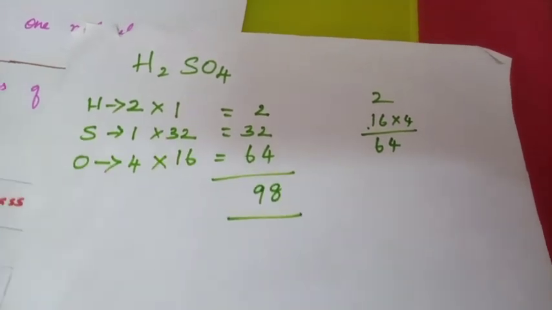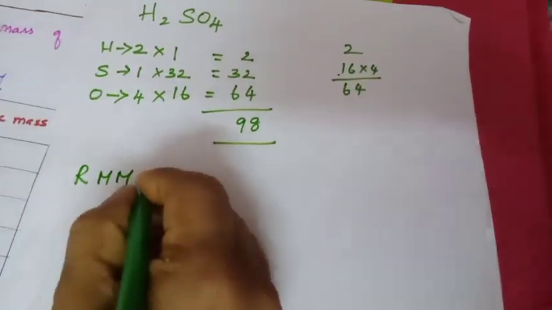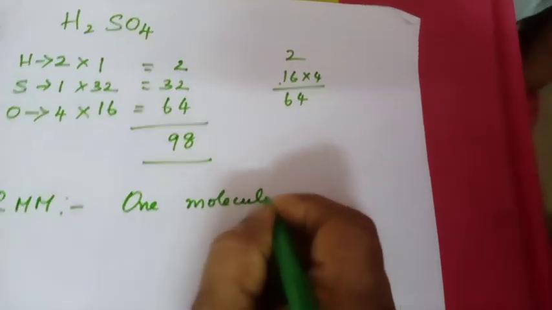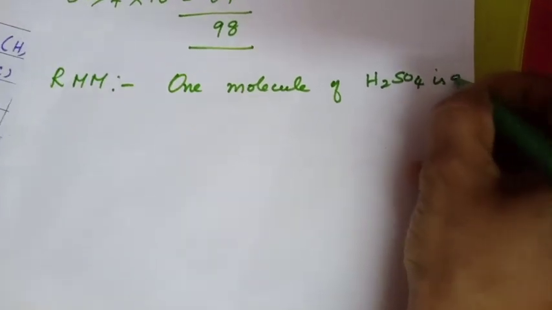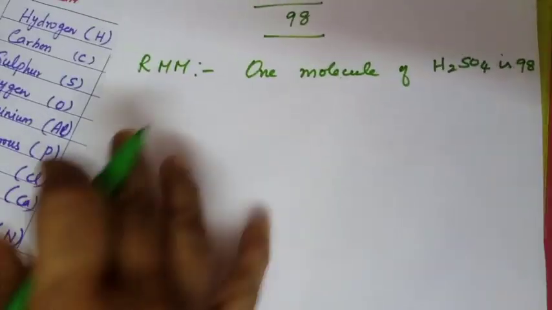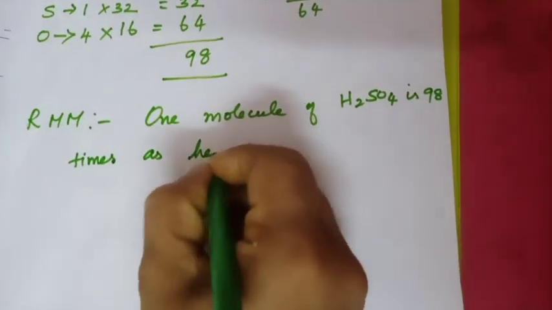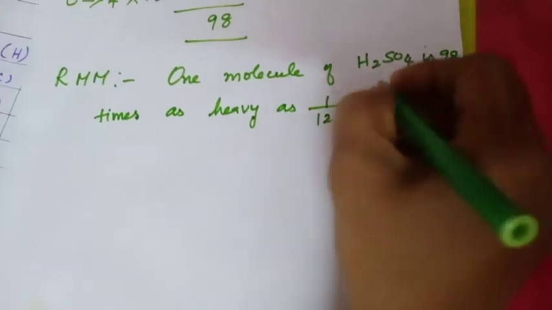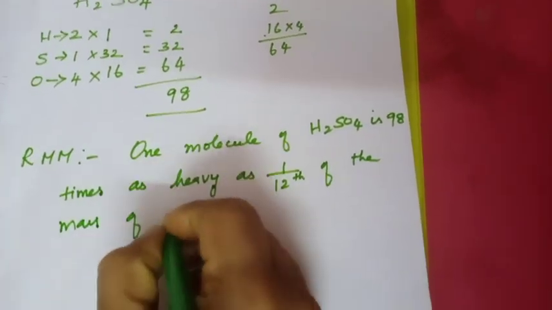So now how will you calculate the relative molecular mass? So one molecule of sulfuric acid is 98 times as heavy as 1/12th of the mass of a carbon-12 atom.